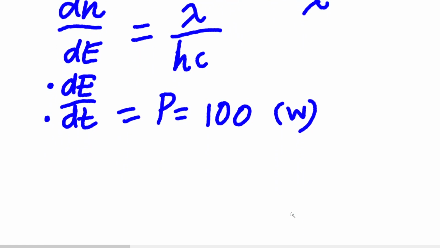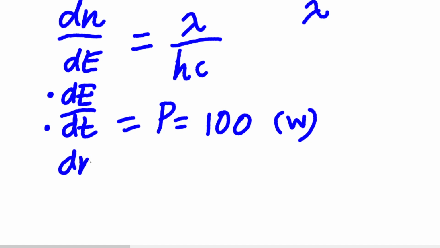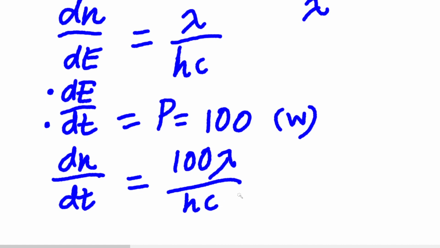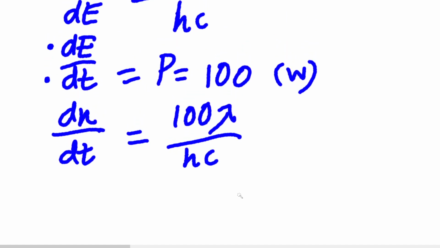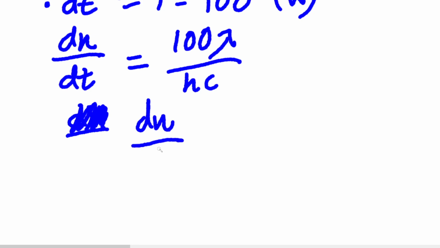So what are we missing here? We have the number of photons emanated from the light every second, dN by dt, and that is 100 lambda over hc. But where do we go from here? Well, one thing I want you to consider is to think back to what we're actually trying to find, dV by dt. No, not dV by dt, dN by dV.